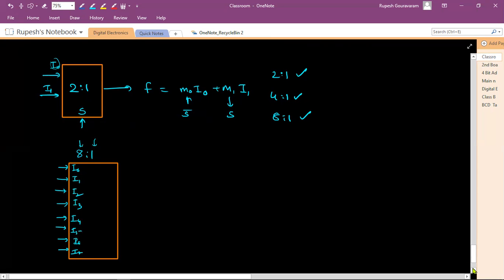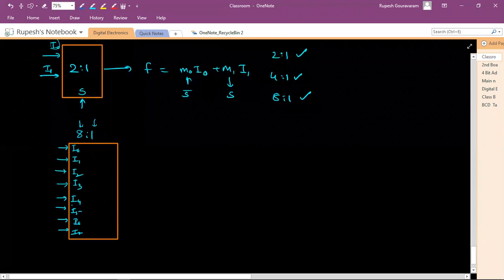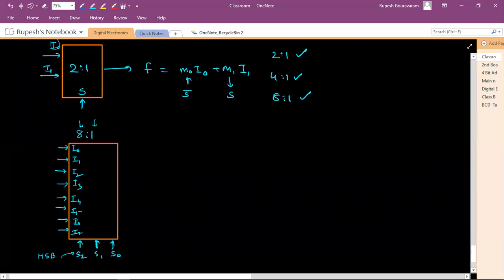And how many select lines will be there? There will be three select lines, S2, S1 and S0. Why three select lines? Because we require 3 bits to select 8 different inputs. Okay. So this is the MSB, that is most significant bit, and this is the LSB, that is least significant bit. Based on the select lines, we will have the output.